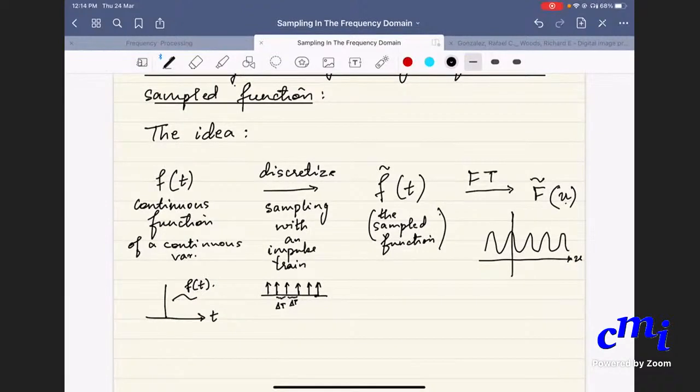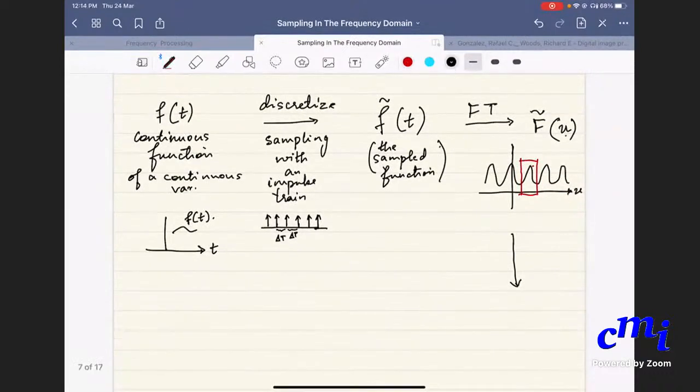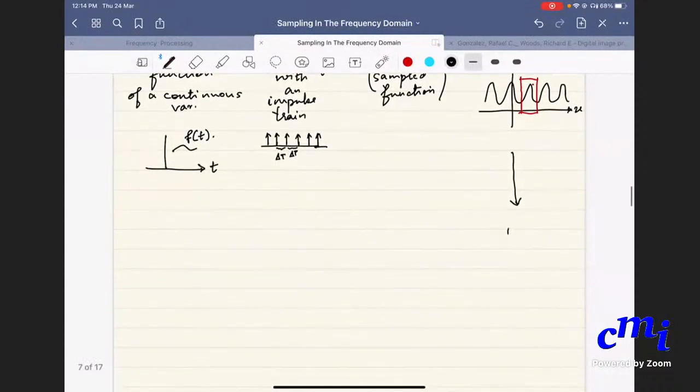Now, from this F tilde, it turns out that if you choose one of these periods, we will choose one of these properly, and that is your F. We will actually choose something centered at the origin. Not something like this, but in the end we will choose something centered at the origin, although my picture doesn't do justice.